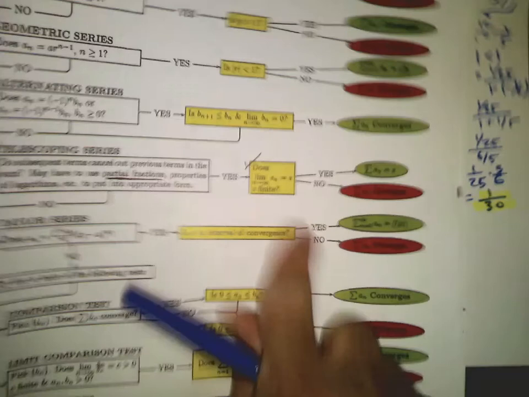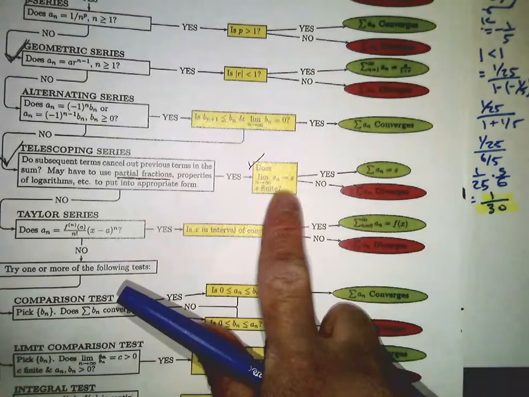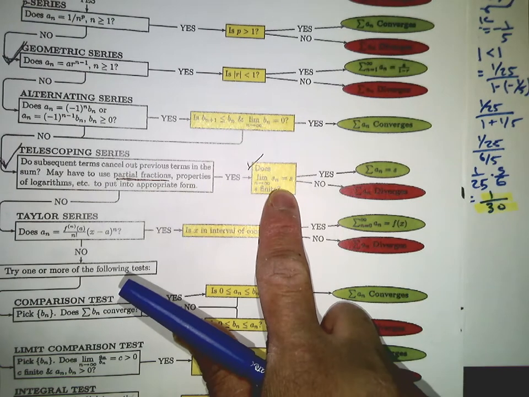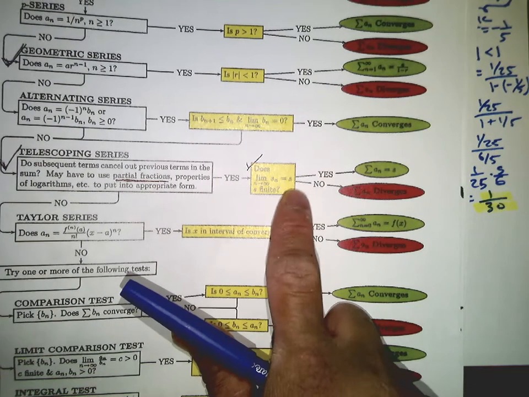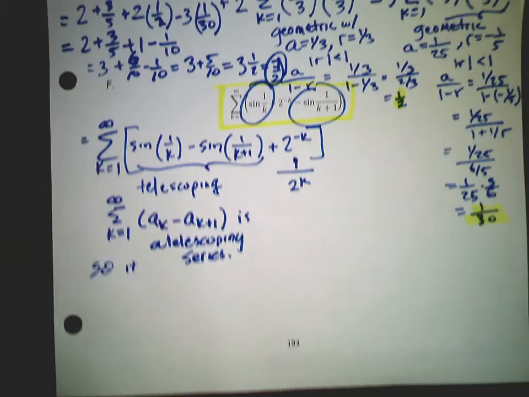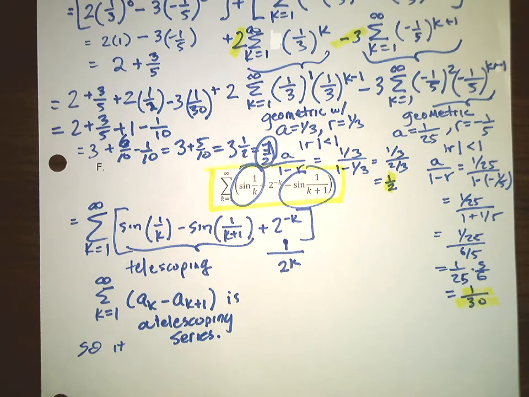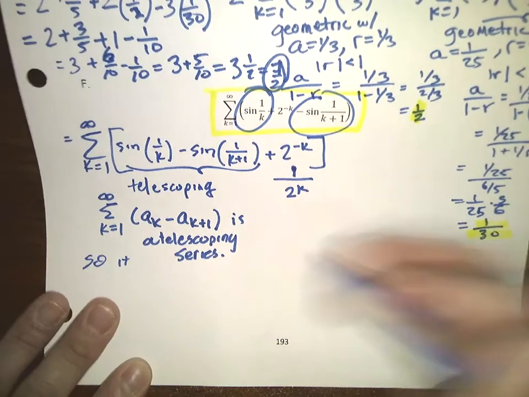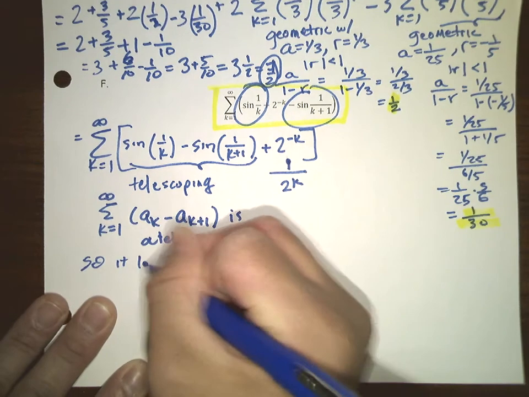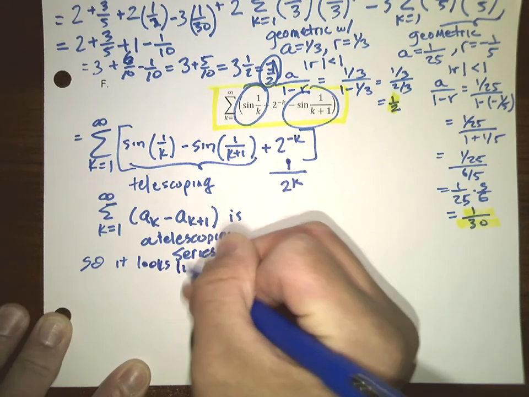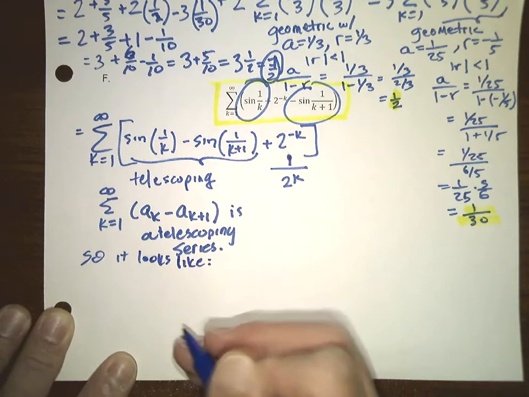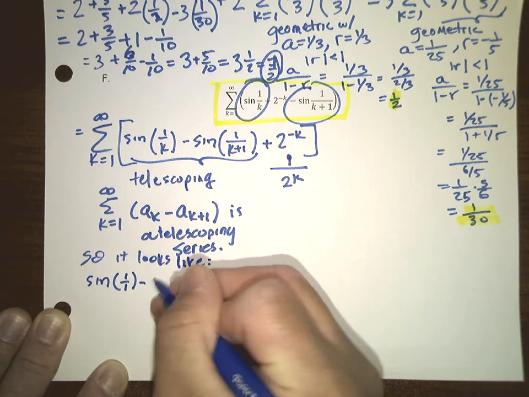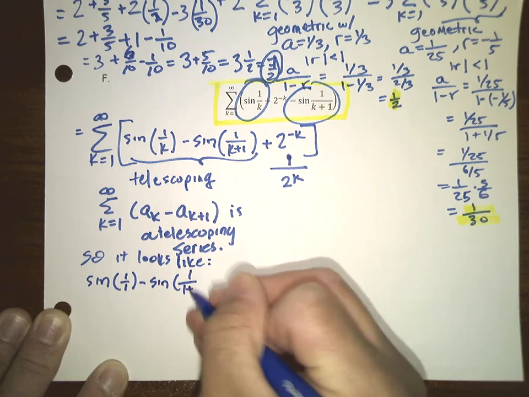As long as the limit of the partial sums is finite, then it converges. But it again means that we should look at these terms. If k is 1, we have sine of 1 over 1 minus sine of 1 over 1 plus 1.